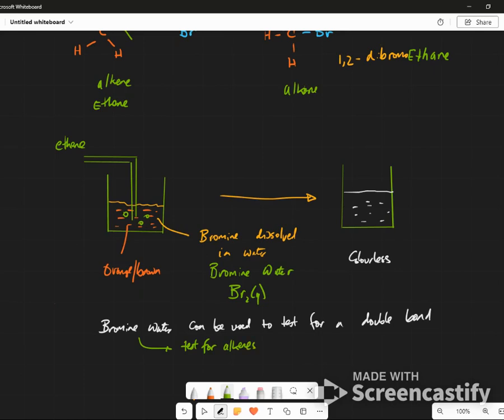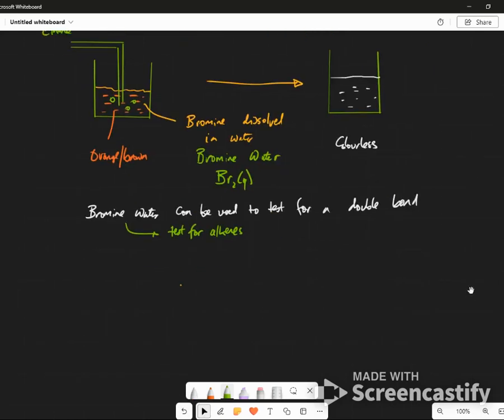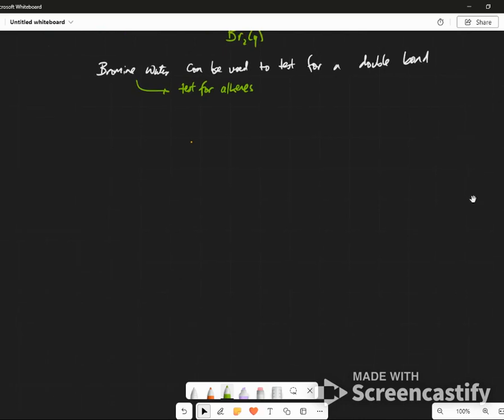The last thing we'll do today is this. How can you tell an alkene from an alkane? Here we have alkanes, and these are alkenes.